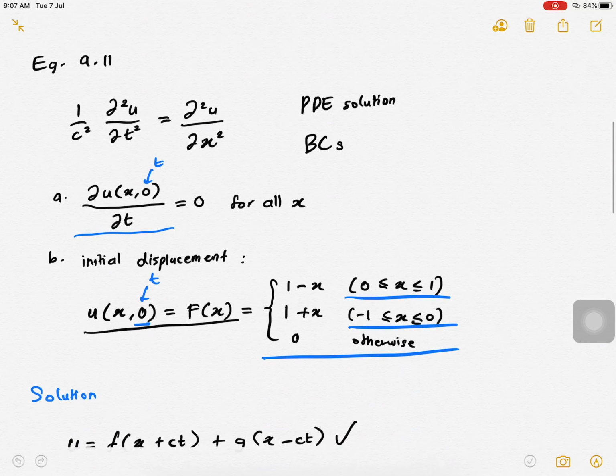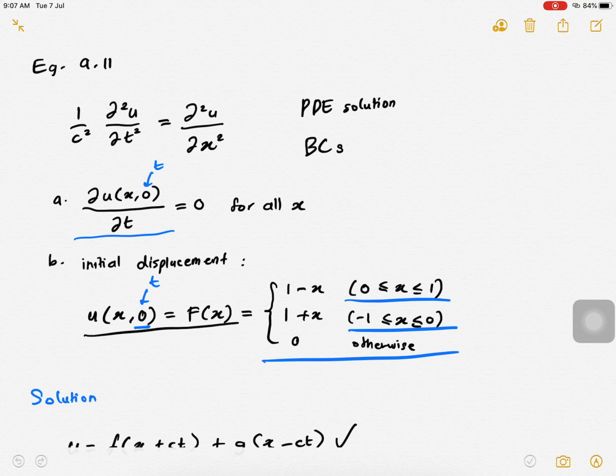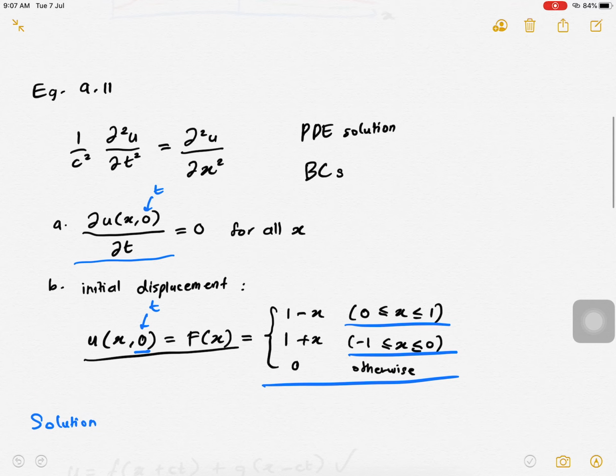Now we will understand how to solve the wave equation. Which equation are we going to solve? Actually we are going to solve the wave equation itself. So this is the formula of the wave equation.